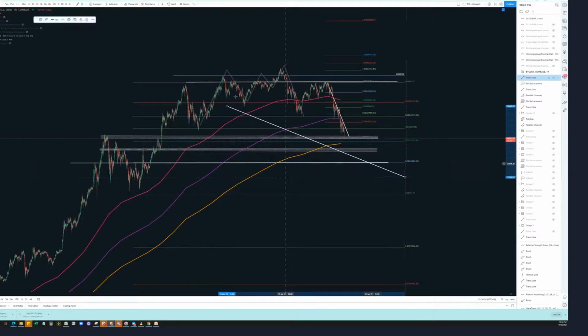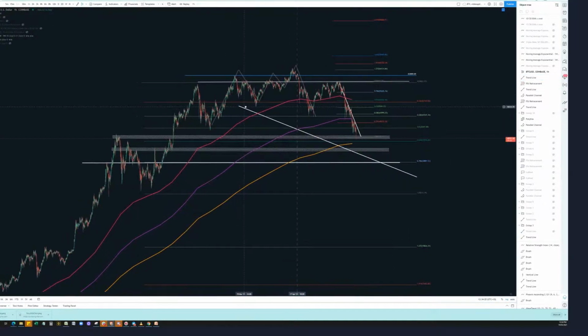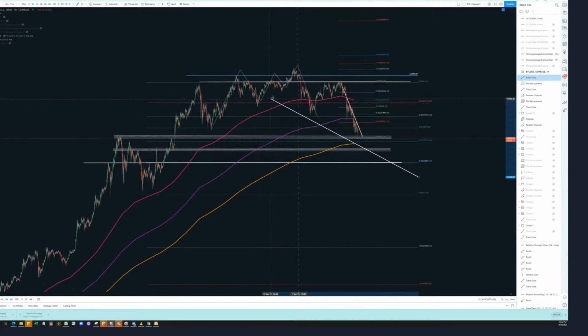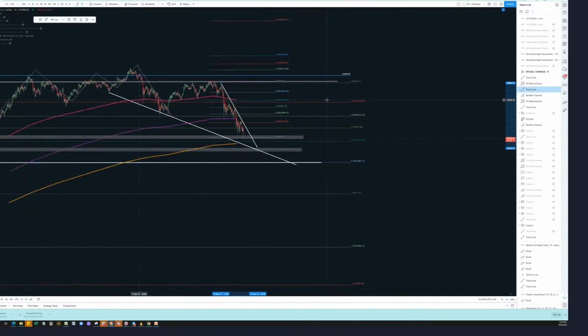Can we see anything that could be a reversal? So that point there, maybe, potentially, when you stretch it out.